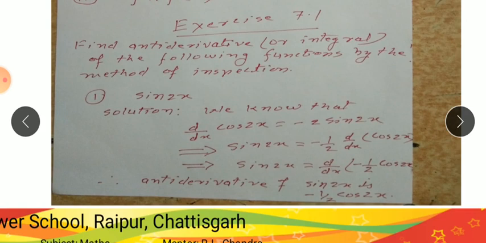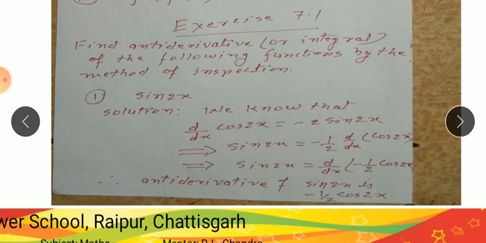Once again refer this example. Here we want to integrate sin 2x. According to the question, this is the integration of sin 2x. We want its integration. How can we find it? By the method of inspection. We know very well that d dx of cos 2x is equal to minus 2 sin 2x.